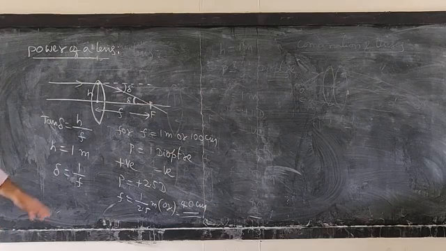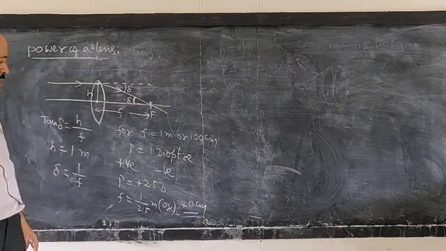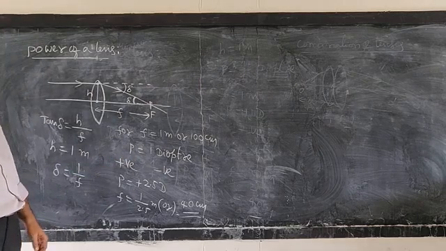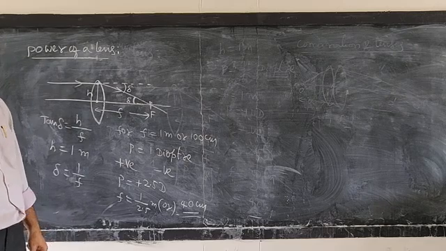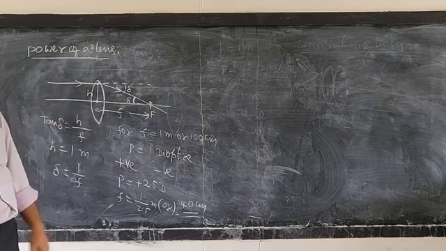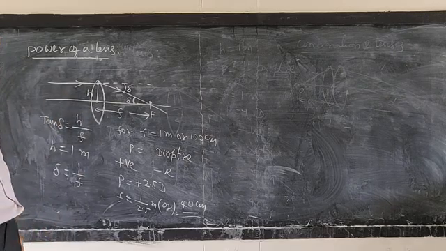So like this we can define the power of a lens, and its unit is diopter. Positive lenses or converging lenses will have positive power and diverging lenses will have negative power.